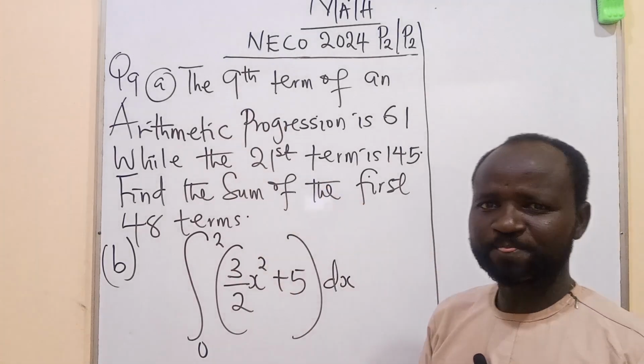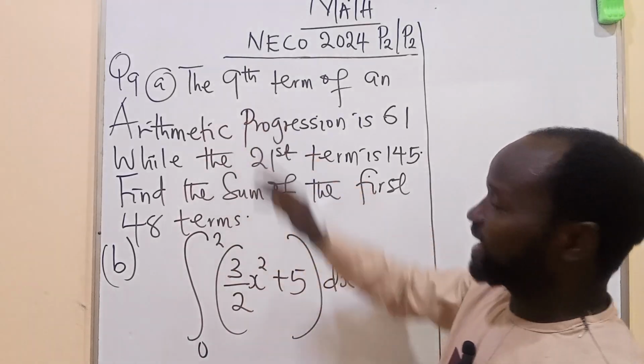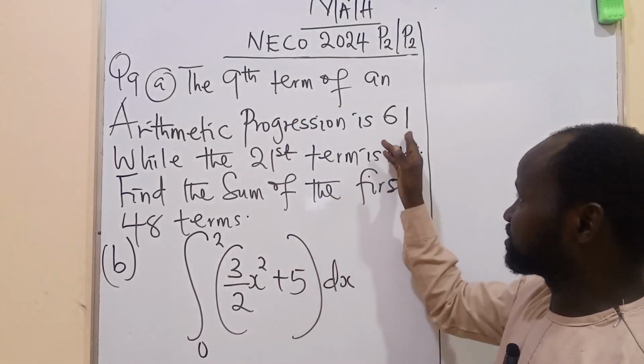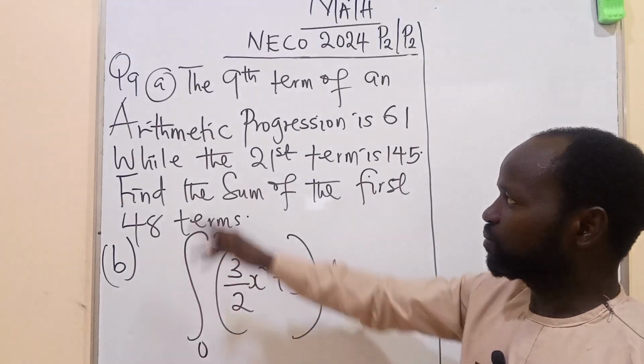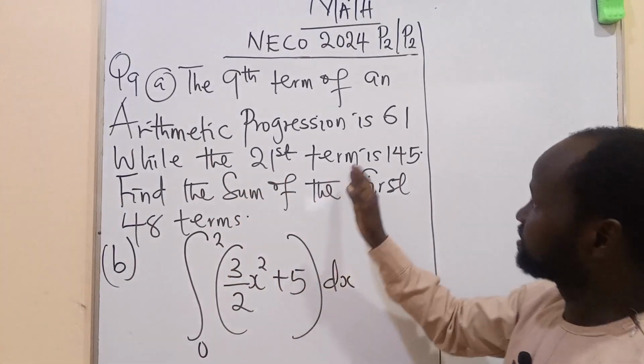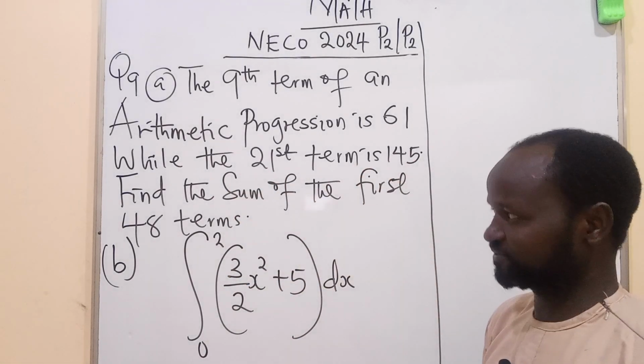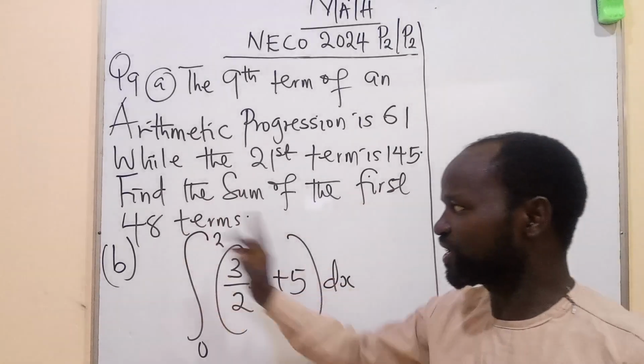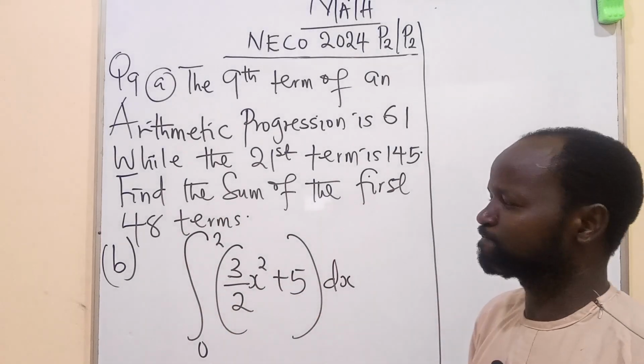Question 9a reads, the ninth term of an arithmetic progression is 61, while the 21st term is 145. We are asked to find the sum of the first 48 terms.